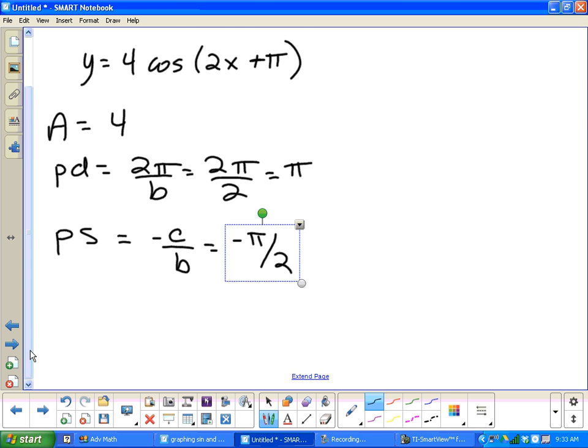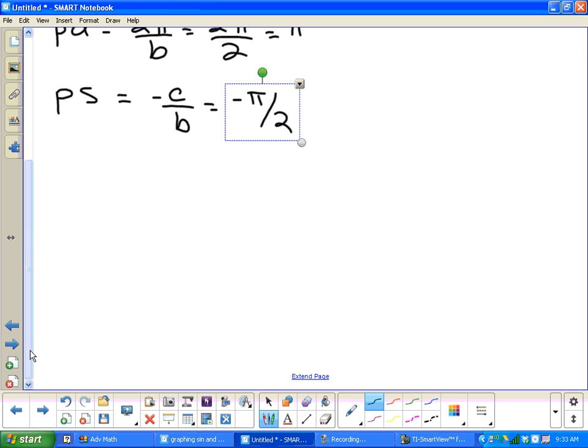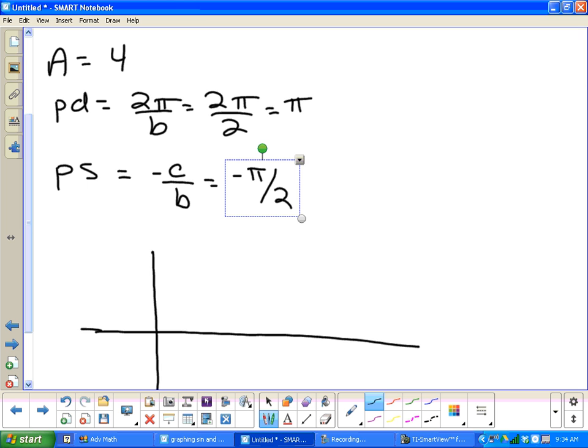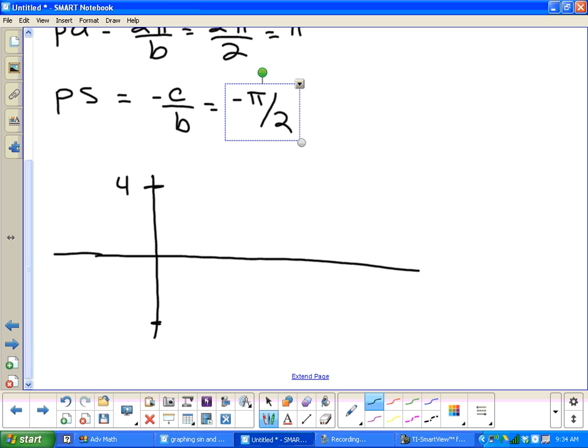Now, let's start drawing it. Okay, and I'm going to let you guys kind of talk me through most of it. Tell me something to do. Okay, amplitude. All right, 4 and negative 4. Okay. What else? All right, 1, 2, 3, 4 out to what? Pi.